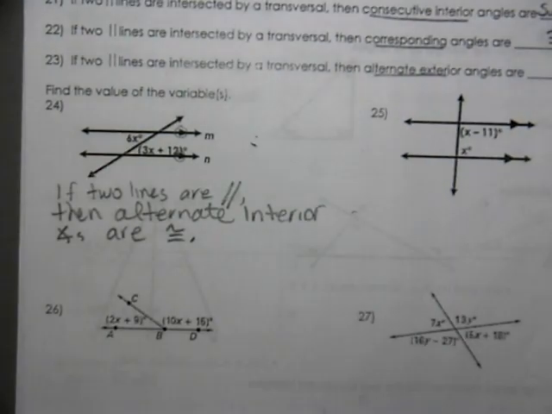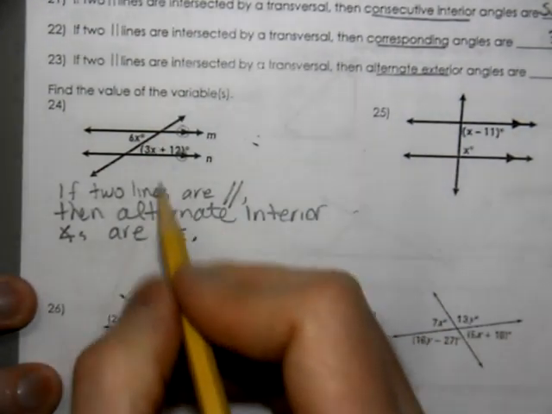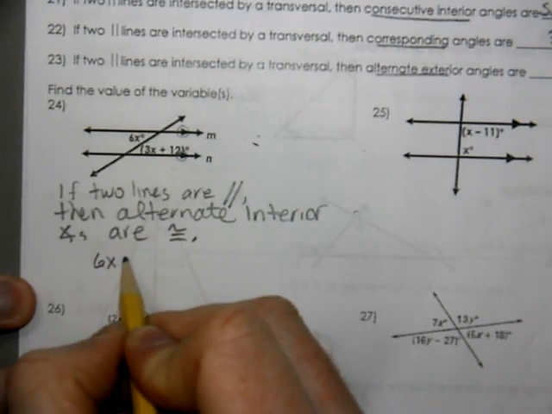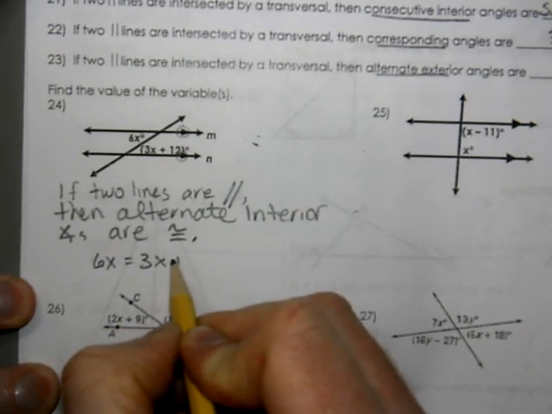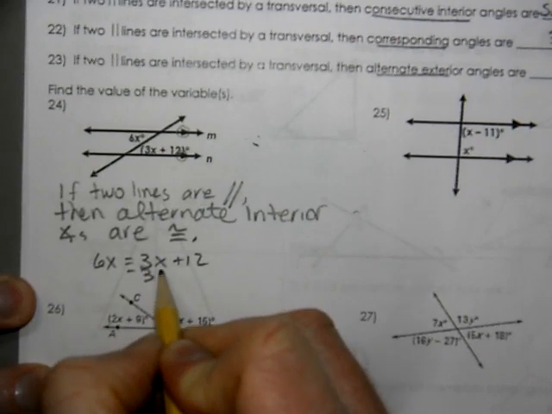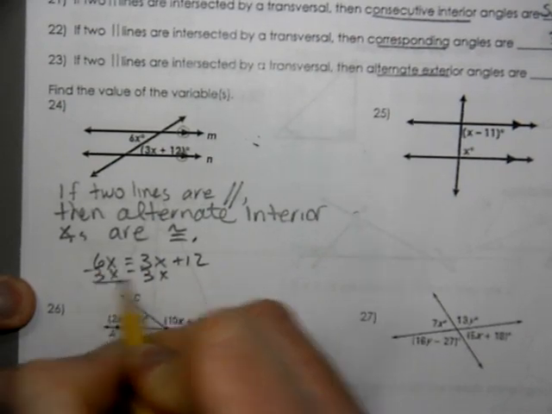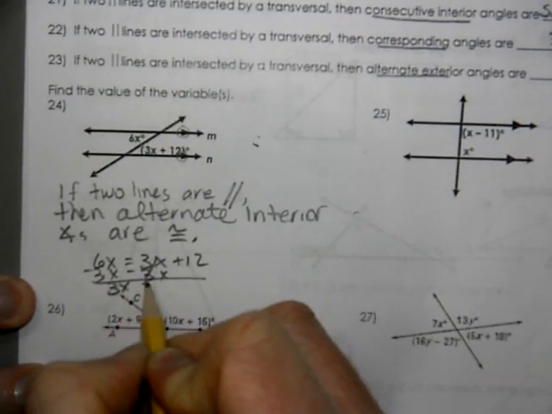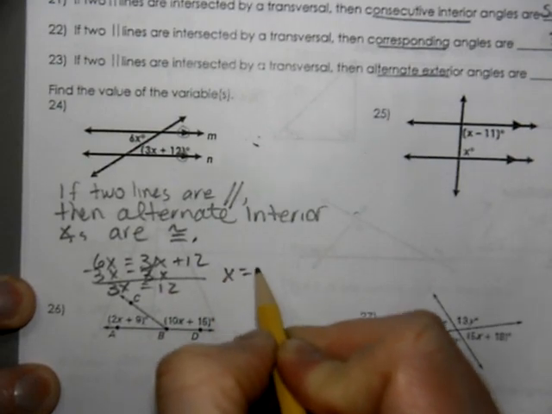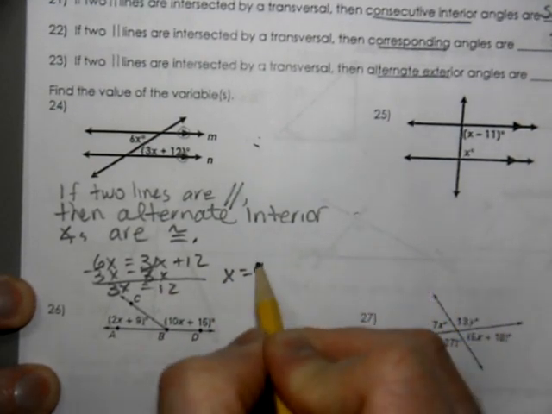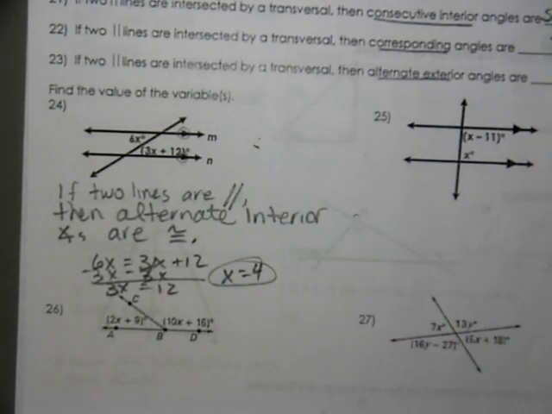So it's important to understand what the theorem is. So we would say that 6x equals 3x plus 12. So we'll minus our 3x, and x equals 4. 12 divided by 3 is 4.